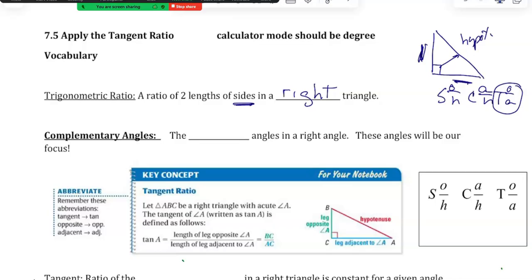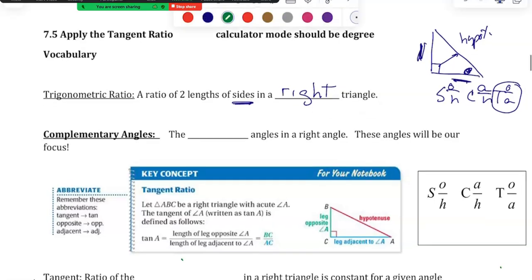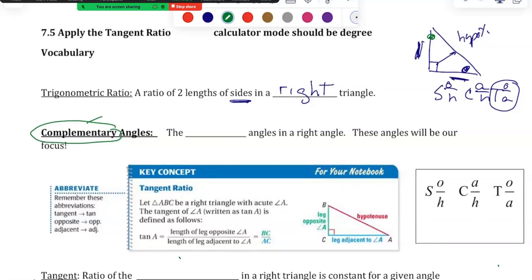Okay, these two angles right here, the blue dot and the green dot, these two angles are complementary. And we remember from a long time ago that complementary angles sum to 90 degrees.